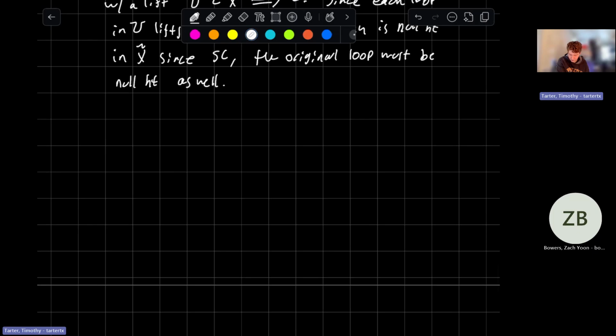An example of a space that is not semi-locally simply connected is the shrinking wedge of circles. On the other hand, the cone is semi-locally simply connected since it's contractible, but it is not locally simply connected. Huh. It's pretty interesting.